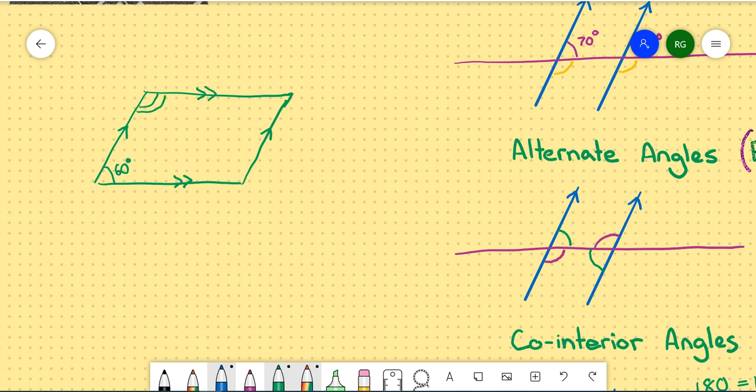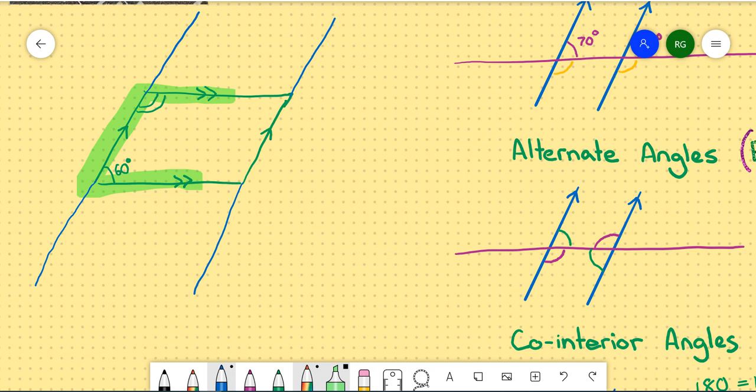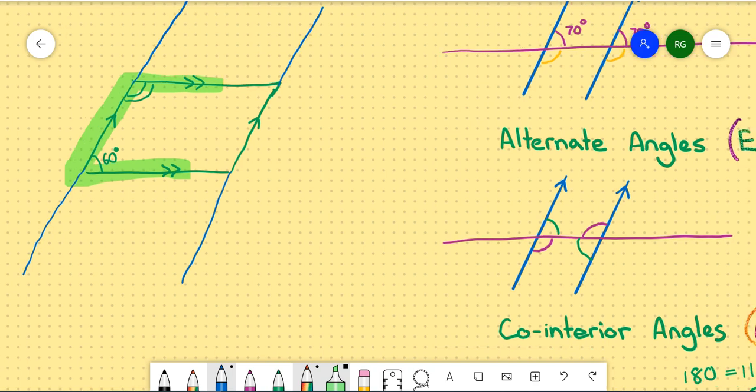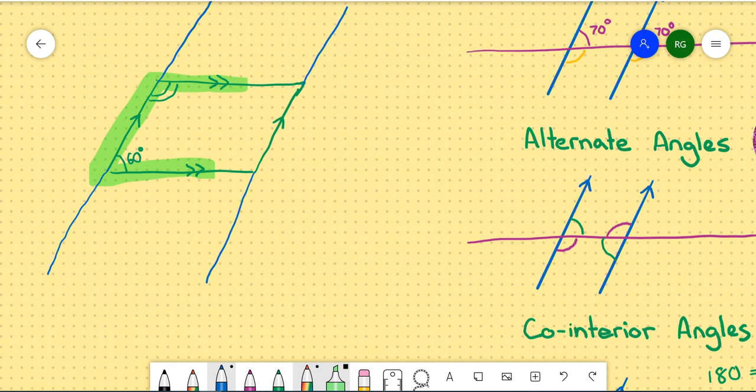Well, one way of doing it is you can extend these lines. If you extended them like that, you'll find that this angle and this angle are those co-interior angles, and we know that co-interior angles add to 180. Therefore, this angle in here must be 120 degrees. Likewise, this angle in here must be 60 because it is alternate angles, like so.